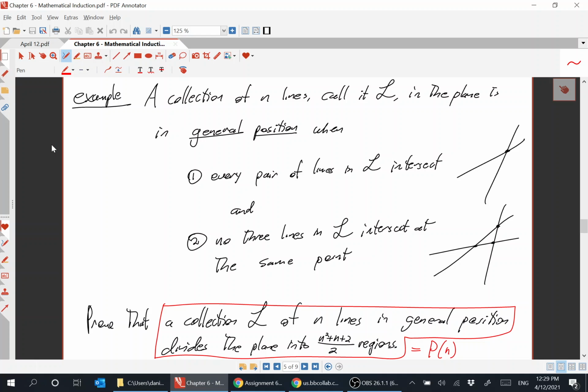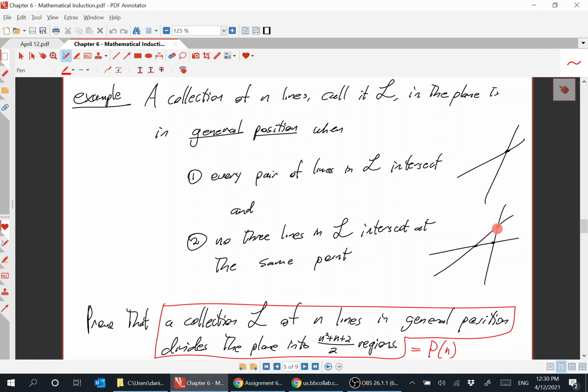So last time we went over this problem. A collection of n lines, call it L, in the plane is in general position when every pair of lines in L intersects, so no two lines are parallel, but no three lines intersect at the same point.